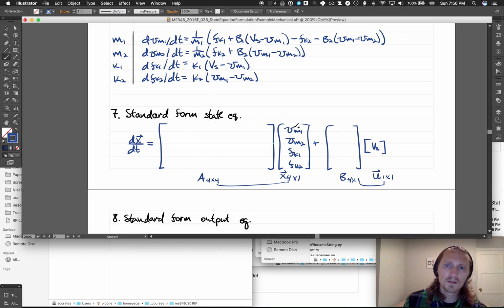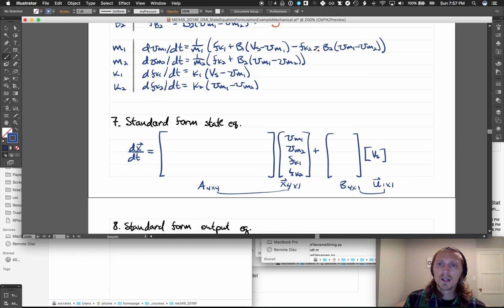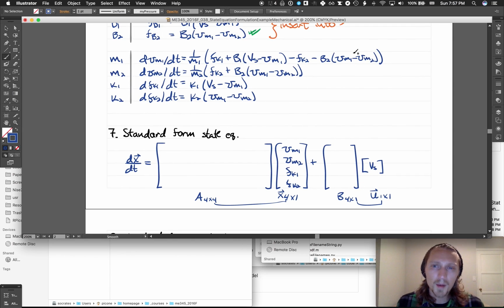From here, we just need to read off. So this first element is going to multiply vm1, so we need to find the coefficient of vm1. Now vm1 shows up twice in this, so we probably should have written equals and brought those together, but we can do this in one fell swoop if we're very careful. All of these things are going to have a coefficient of 1 over m1.